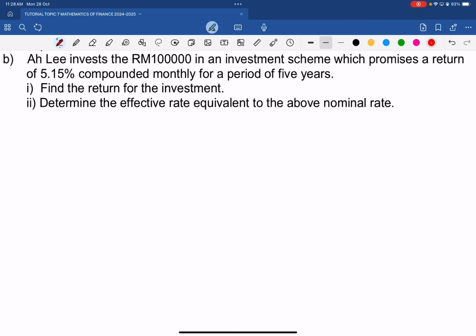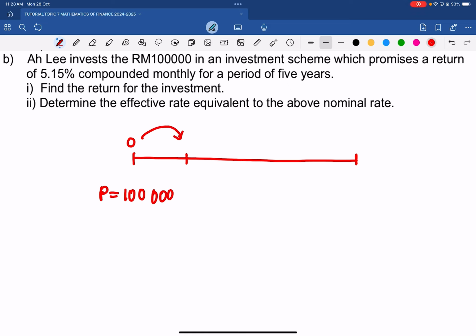Ali invests 100,000 in an investment scheme which promises a return of 5.15%. That is our J, 0.0515. Be careful with that one. Compounded monthly, M is 12, for the period of 5 years. Our T is 5.